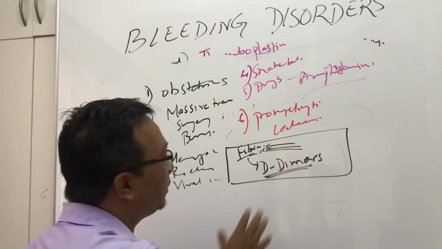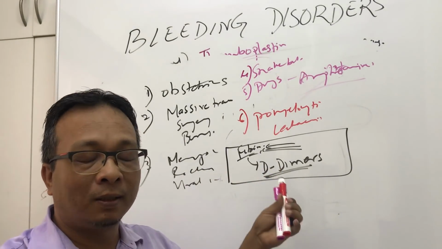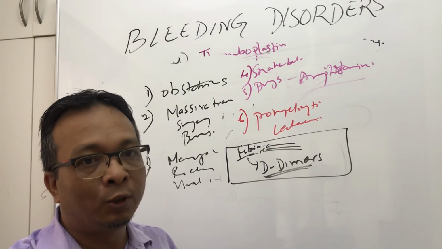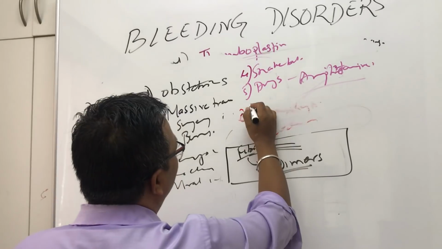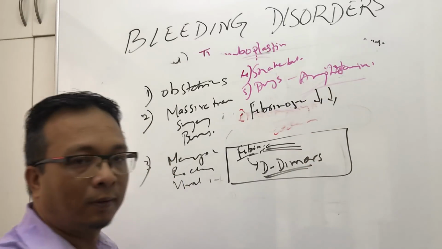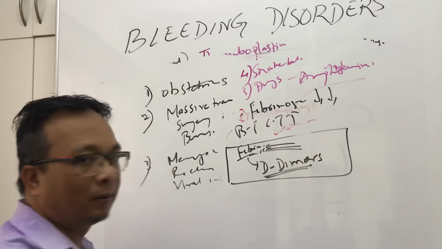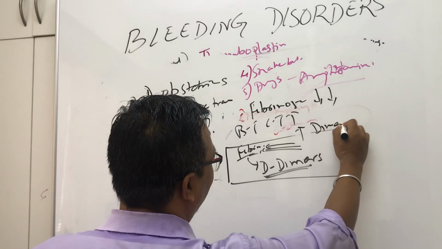In relation to other causes like TTP, thrombotic thrombocytopenic purpura, and ITP, idiopathic thrombocytopenic purpura, what is the difference here? In the lab, you will find the fibrinogen level is down, bleeding time and clotting time will be very high, plus there will be increased D-dimer. So those are important diagnostic points.